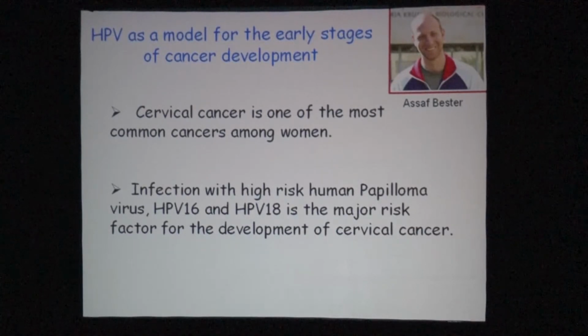And we know that the cancer initiates by infection. So Ronnie said that we will not be talking about infection, but actually we do, because the infection is changing the genetics here. We all know that cervical cancer starts by infection of a virus, human papilloma virus, either 16 or 18.